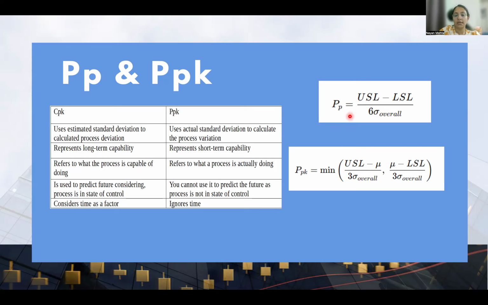The formula goes like PP is equal to the upper specification limit minus the lower specification limit, divided by 6 times the standard deviation, which is overall, not just within the subgroup, not like the one we were using in CP. So PP answers questions like: how does my process perform when I include all the shifts, all the operators, and all the real world variations in it?